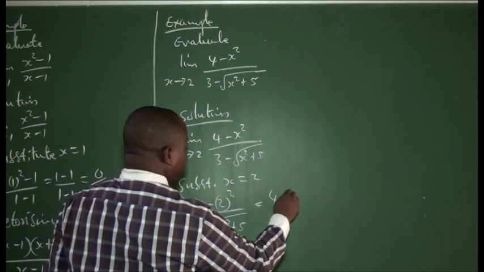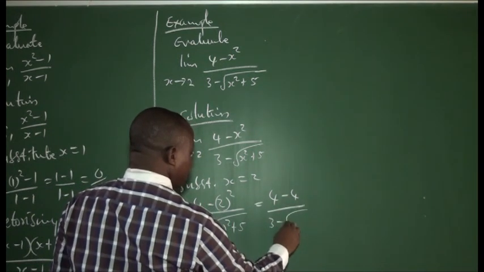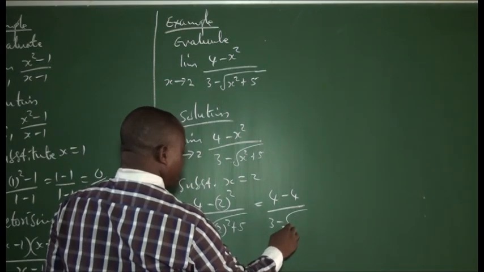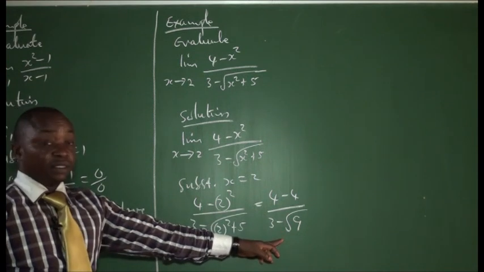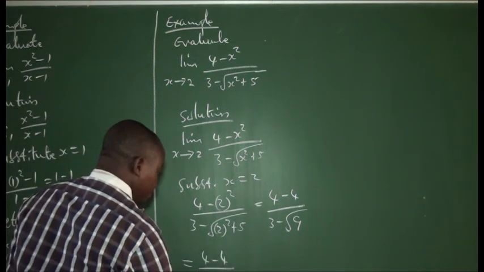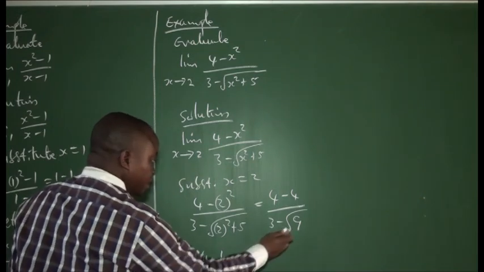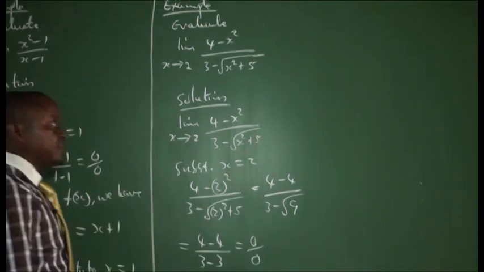That will give us 4 minus 4 over 3 minus root 9, because 4 plus 5 is 9, which is the same as 4 minus 4 over 3 minus 3. The square root of 9 is 3. So that gives us 0 over 0.